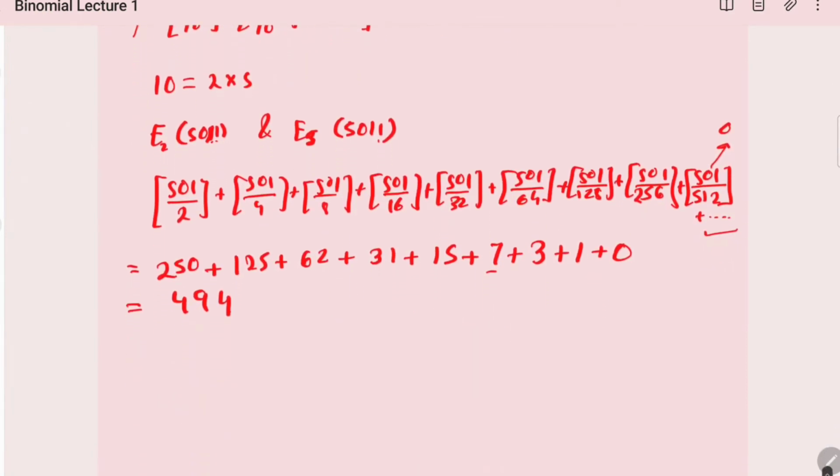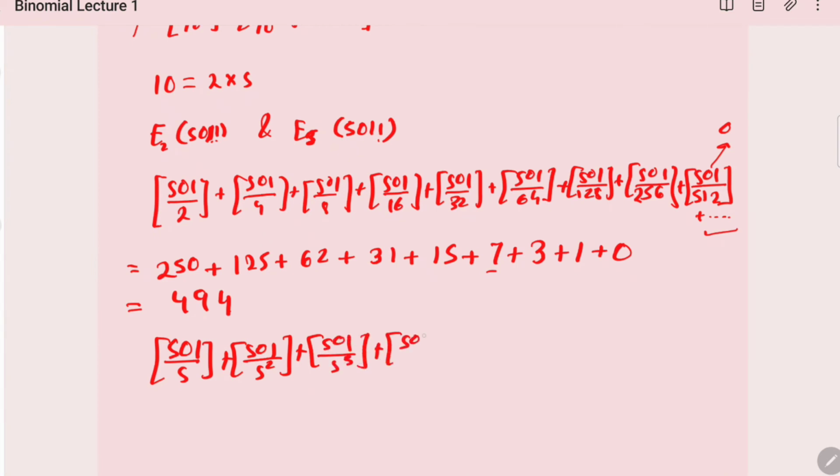And now we have to calculate the exponent of 5 in 501 factorial. That is 501 by 5, 501 by 5 squared, 501 by 5 cube, 501 by 5 to the power 4, and I don't think we have to write further.